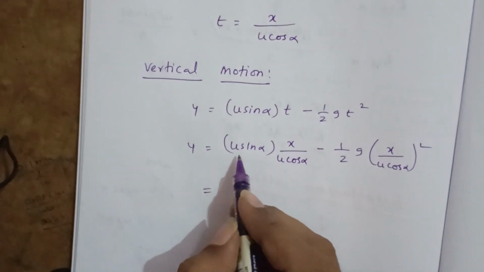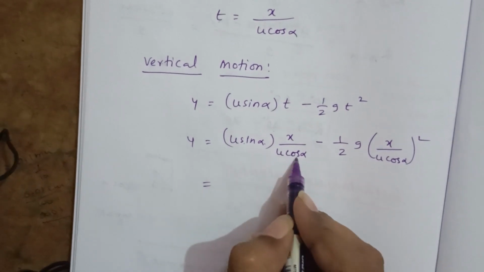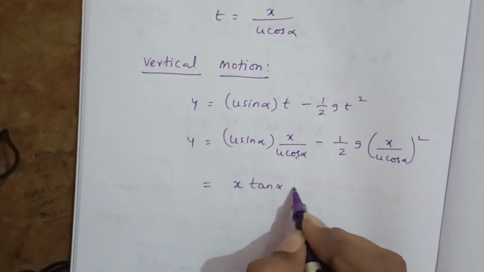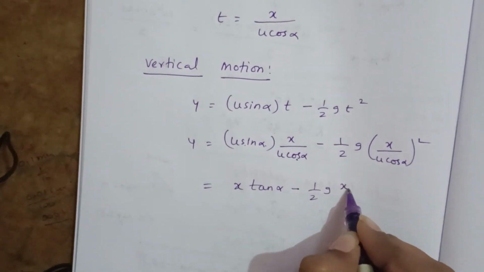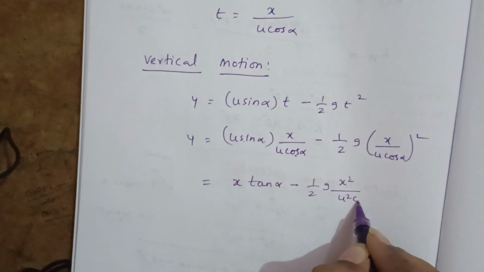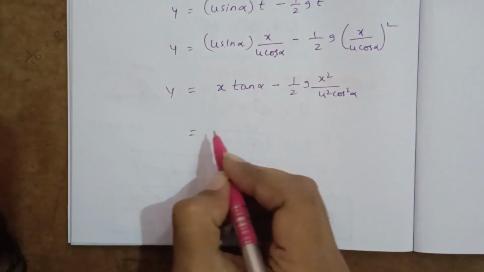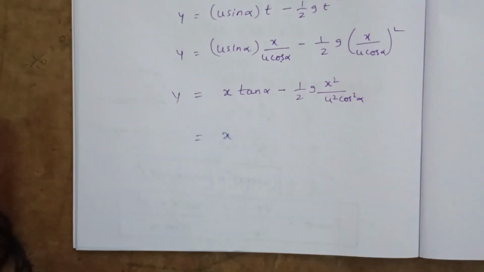Here u gets cancelled, sin alpha by cos alpha becomes tan alpha: x tan alpha minus half g x square by u square cos square alpha.